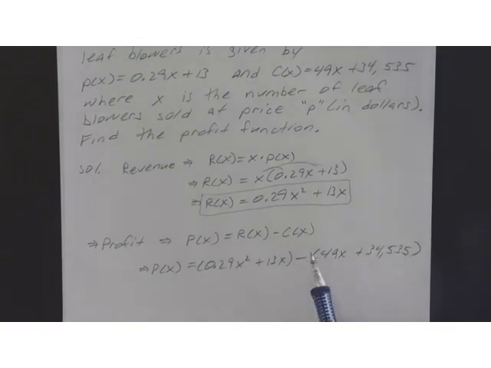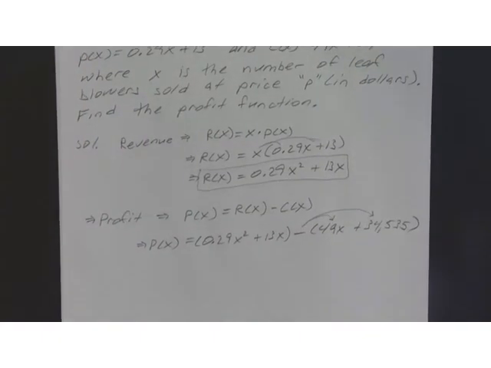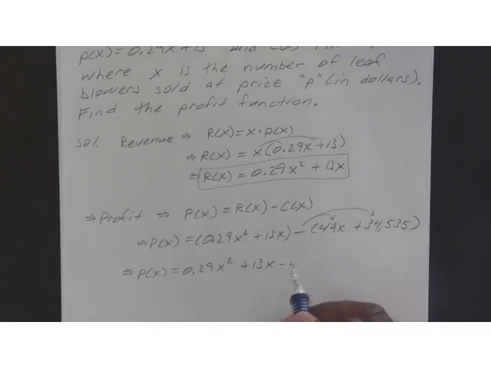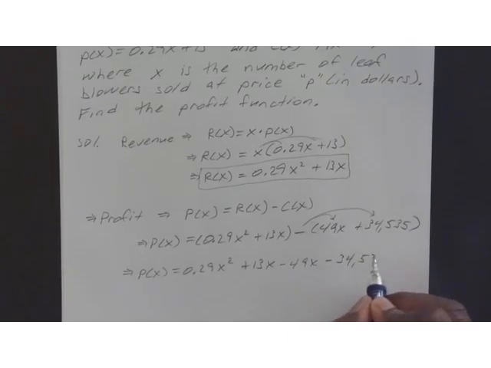So to get rid of the parentheses, all we have to do is distribute that -1. So our P of X is equal to 0.29X squared plus 13X minus 49X minus 34,535.